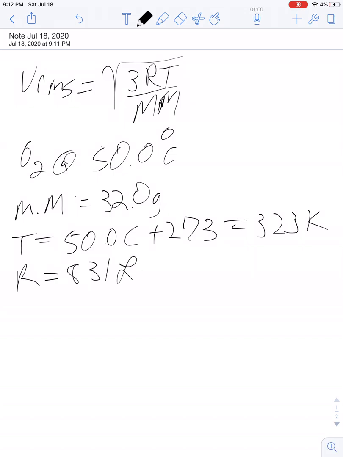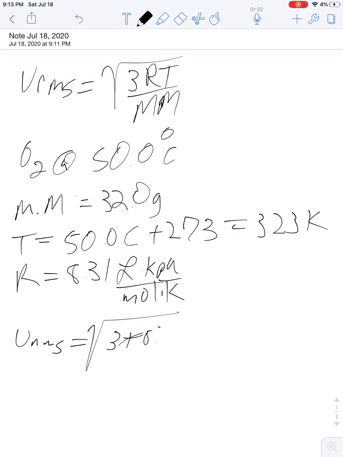liter kPa per mole Kelvin. Okay, so we plug that in and plug in our numbers. Grams per mole.